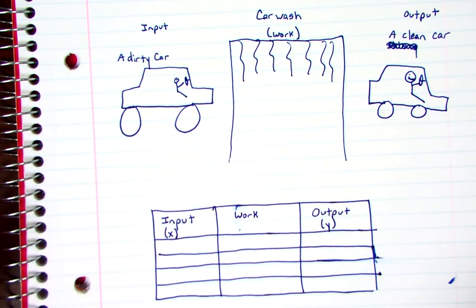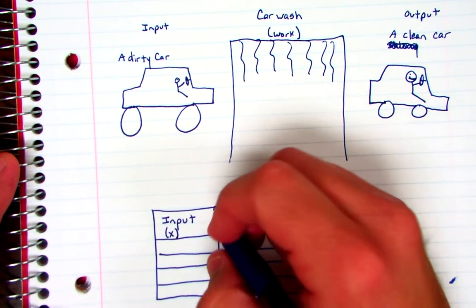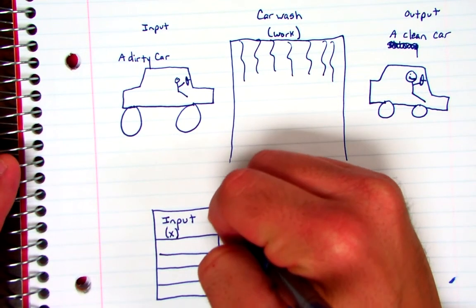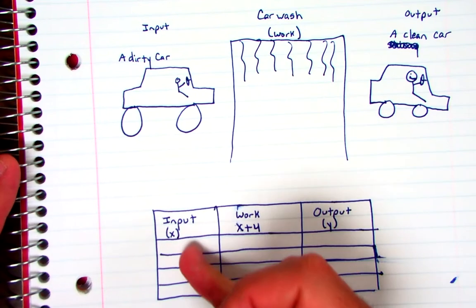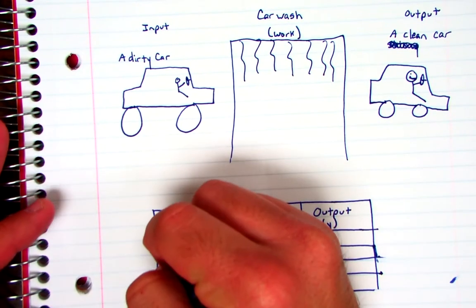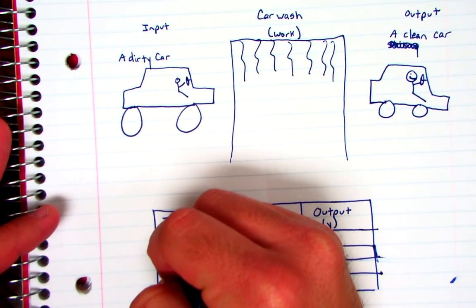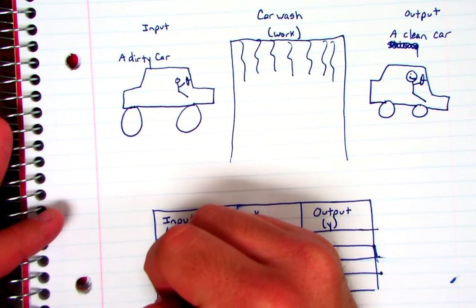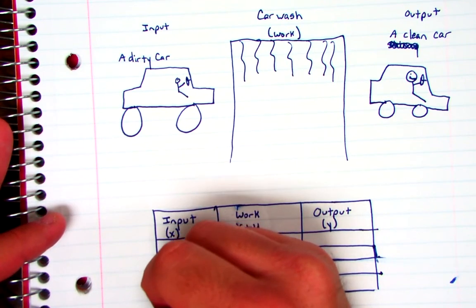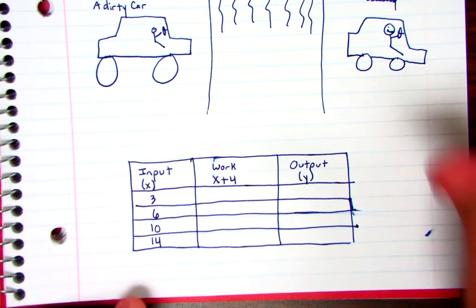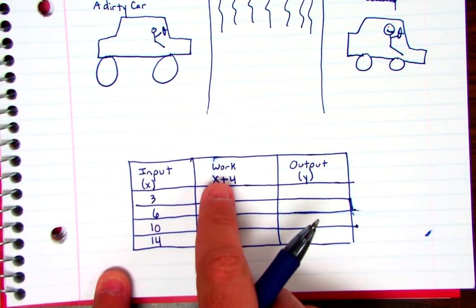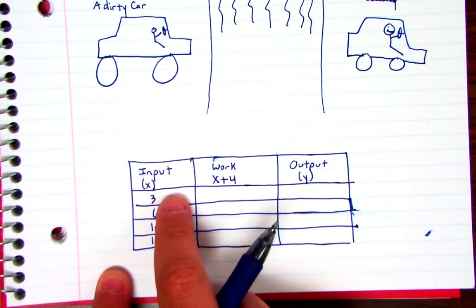Let's use the equation x plus 4. And let's throw in some numbers. Let's go with 3, 6, 10, and 14. Just some random numbers. What we're going to do is wherever we see an x, I'm going to input the x value.